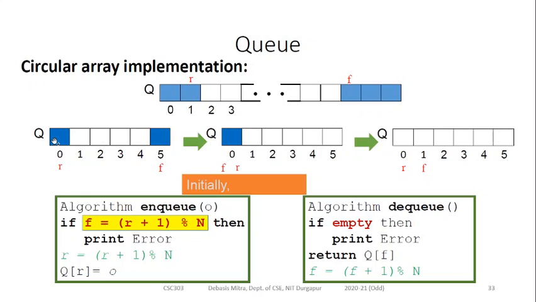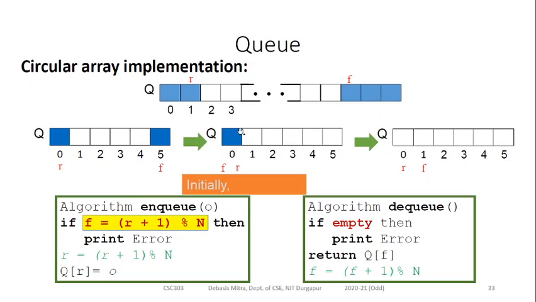Now if we dequeue further, the element at index 5 will be dequeued, removed, and the configuration of the array will remain like this. There will be only a single element left at index 0, and both F and R will now point to 0.